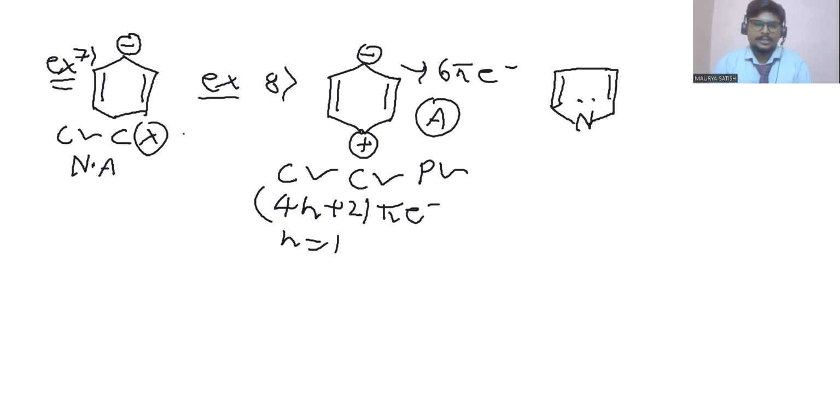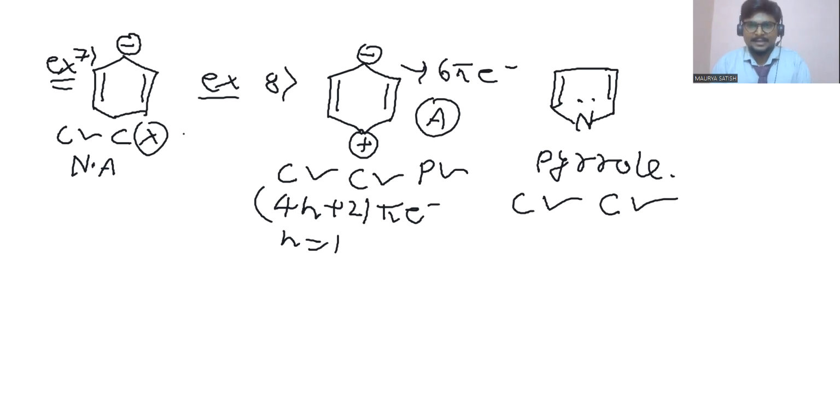Okay, so this is pyrrole. If you check the pi sigma, first you see the cyclic is this, conjugation: pi sigma lone pair, then sigma pi. Obviously conjugation is also there, planarity is also.